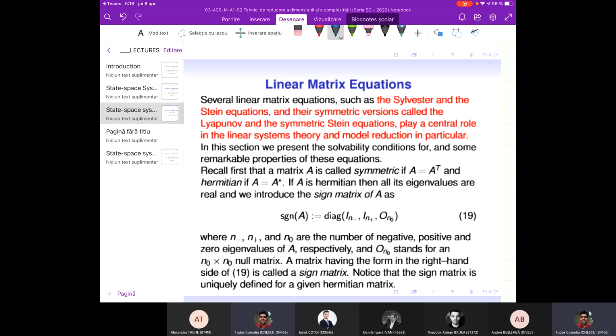They are quite crucial in numerics, and I'm sure that at least the people who followed our bachelor studies here at the automatic control and computer science faculty remember from the numerical methods course that they ran into Lyapunov and Sylvester equations, as well as those who have followed optimization courses.